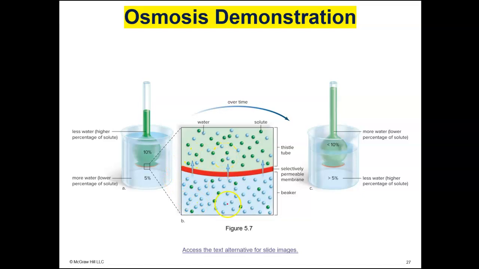So water is going to move. There's going to be a net movement of water into the higher solute concentration, which is in the tube. So we're going to expect the water level in the tube to rise, and the concentration of solute to go down in the tube. That's what happens due to osmosis.